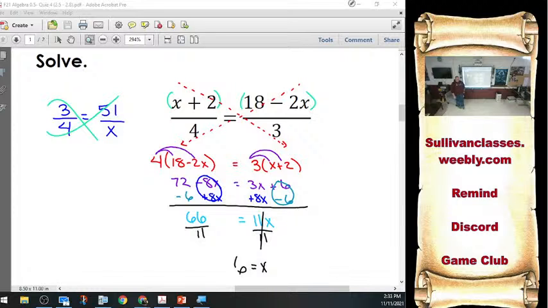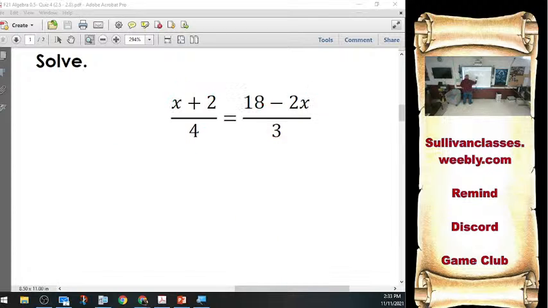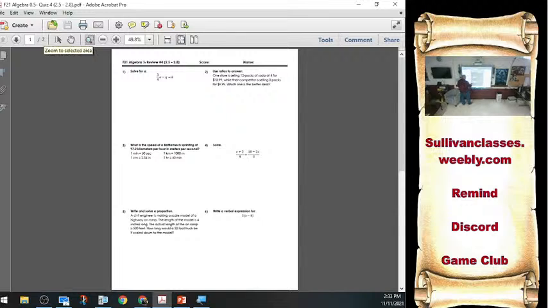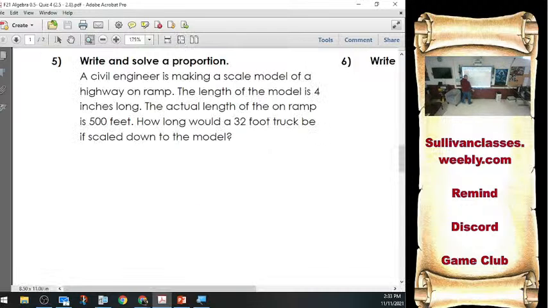Like, don't screw this up. Distribute. Maybe again using the words parentheses. Put parentheses around numerator, around denominator, then distribute. Okay? Don't get the easy points off just because we goofed.